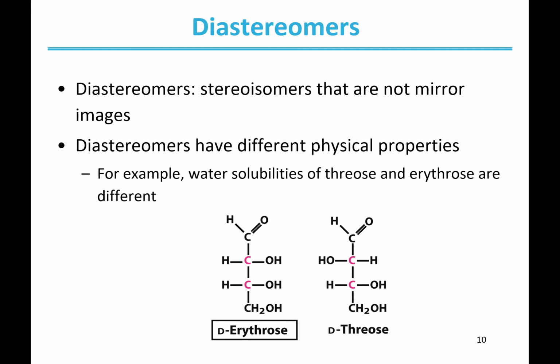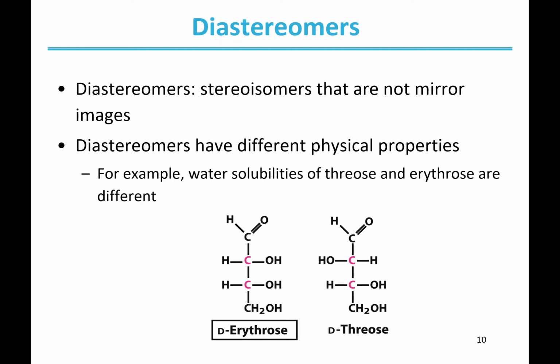Okay. Some other types of isomers that you can have. You have an enantiomer for mirror image. Diastereomer is another type of isomer that are not mirror images. So diastereomers have different physical properties. Things like water solubility are going to be different for these. The example given here below are diastereomers of 4-carbon sugars.